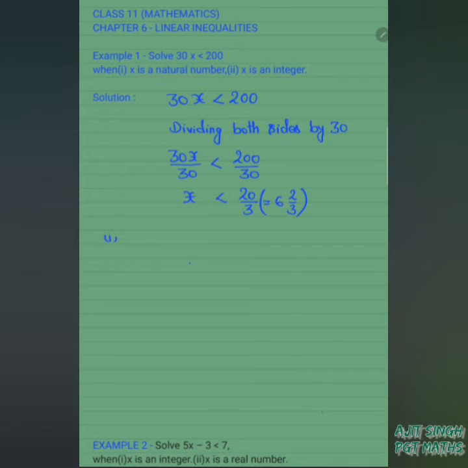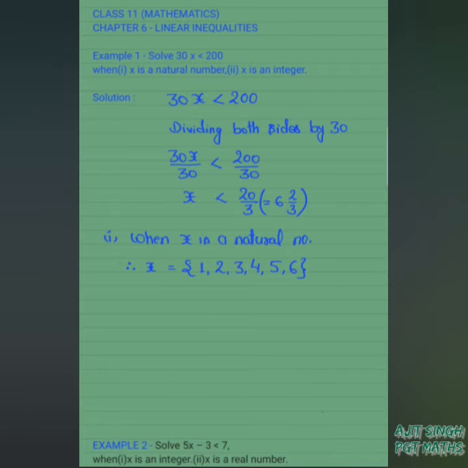So as per the first condition, when x is a natural number, we know the natural numbers are 1, 2, 3, 4 up to infinity. So when x is a natural number and x is less than 20 upon 3, then the value of x is equal to 1, 2, 3, 4, 5 and 6, because x is less than 20 upon 3, that is 6 and 2 upon 3.